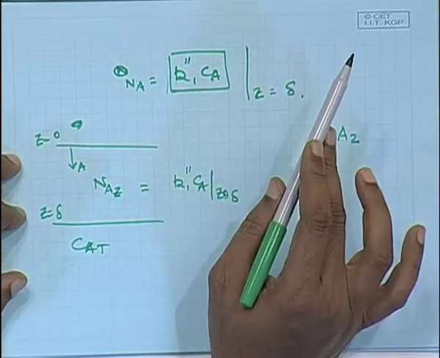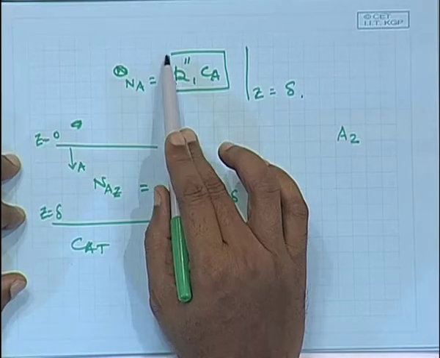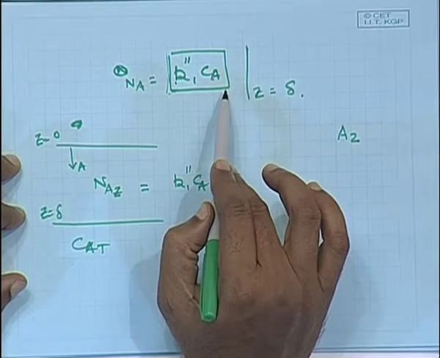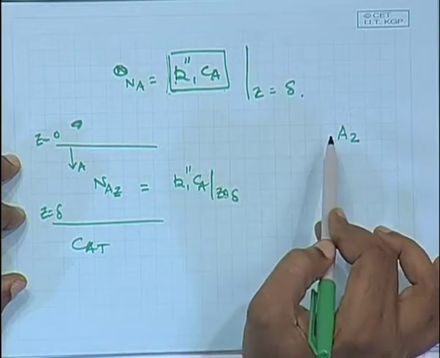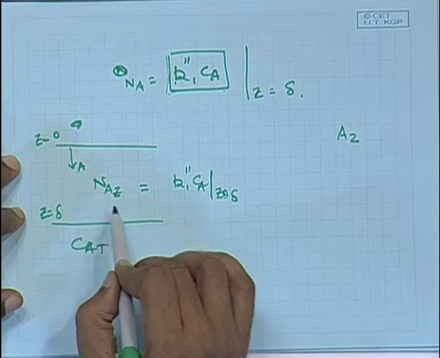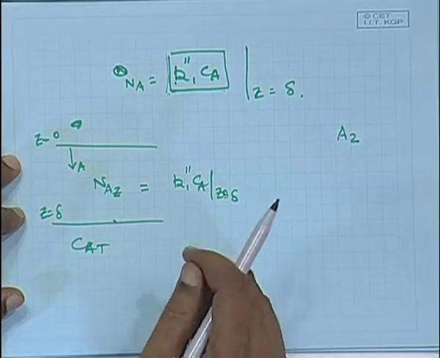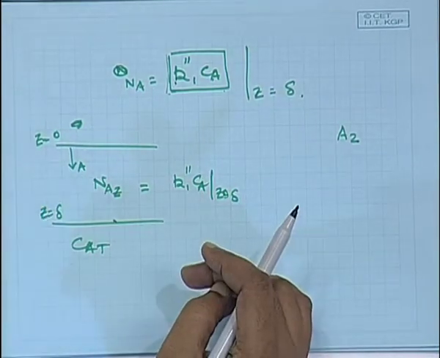So, if there is a 2 term, it has already been included into K1 double prime. So, this gives you the amount of A converted per unit area per unit time on the catalyst surface. So, I do not need to consider the 2 separately again. So, N A z at this location has to be equal to the rate at which it gets converted into the product.